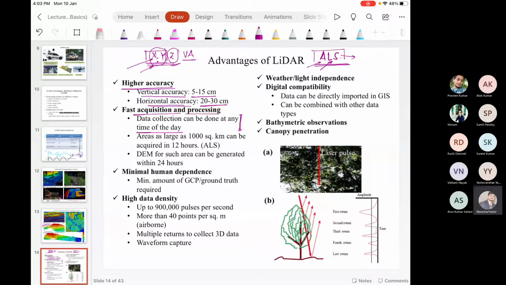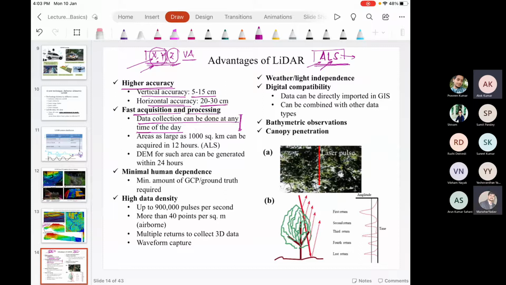Any one of you? Sir, how can you justify this statement? Data collection using LiDAR can be done at any time of the day, irrespective of day or night. Because it is an active remote sensing technique, it does not require the sun as an energy source.